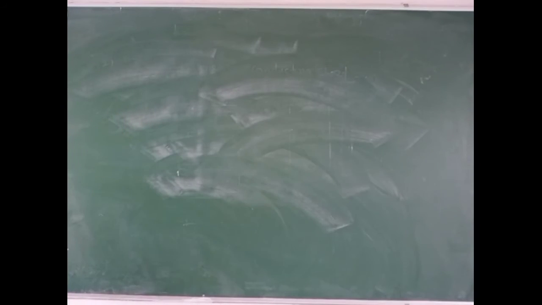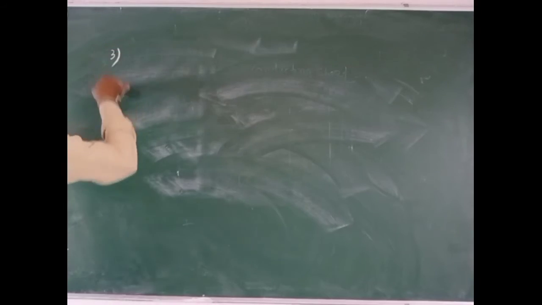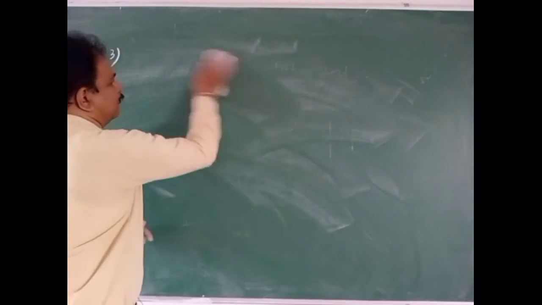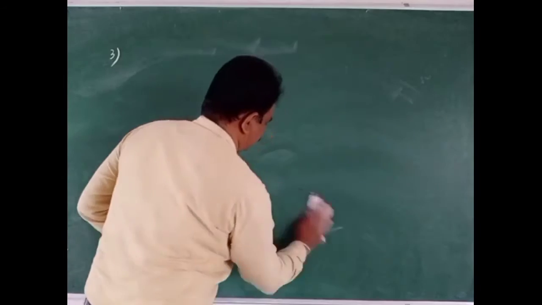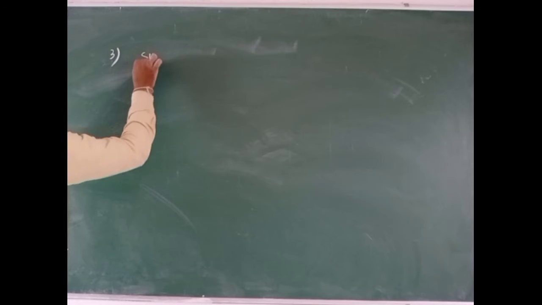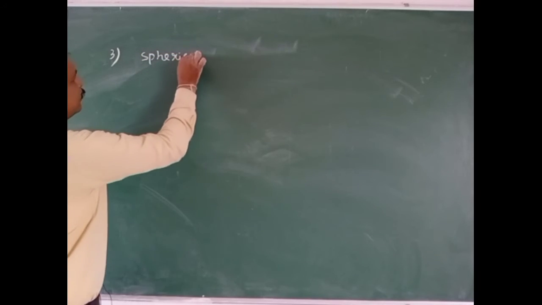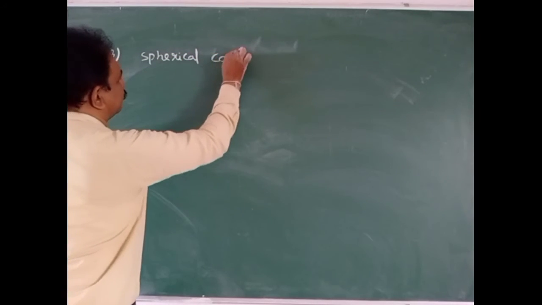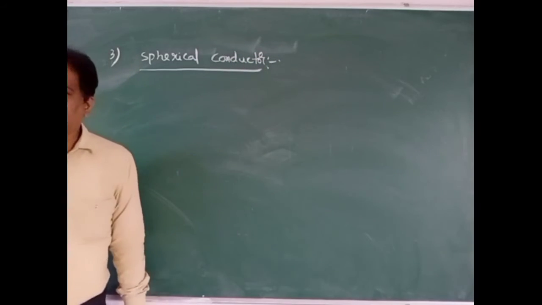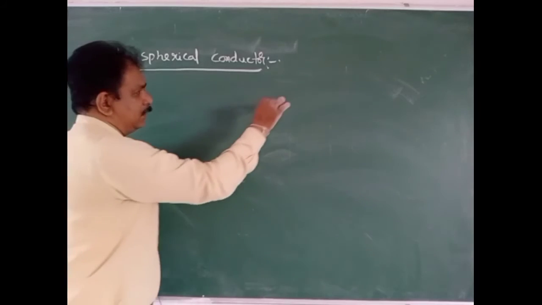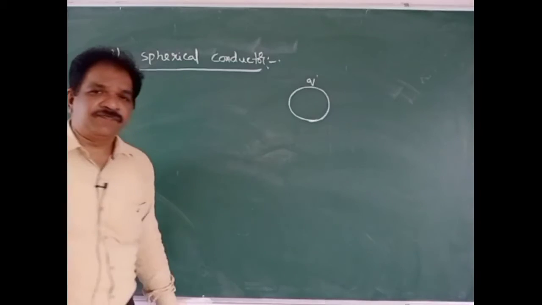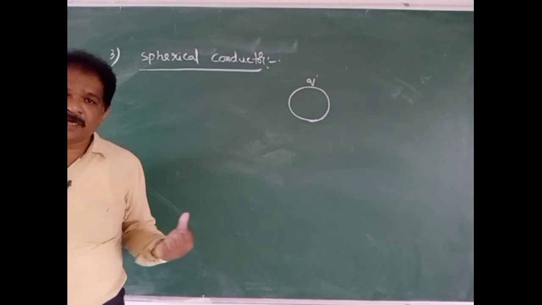Next, the third one, spherical conductor. Here there is a sphere. Conductor means charge will reside on the surface. Non-conductor means charge will reside inside.